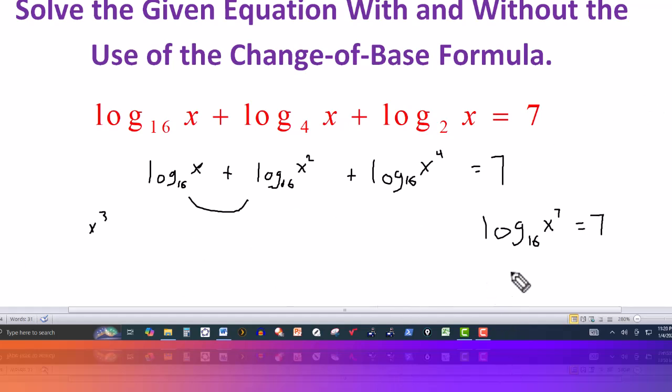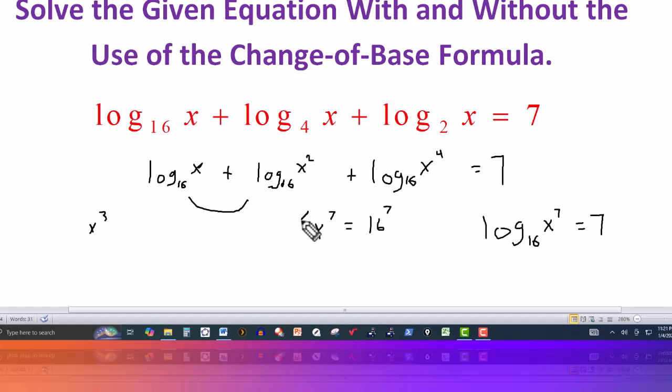So now I have the logarithmic form. Let's just go to exponential. By definition, this expression here, x to the seventh, has to equal this base 16 taken to that power 7. So x to the seventh is equal to 16 to the seventh.